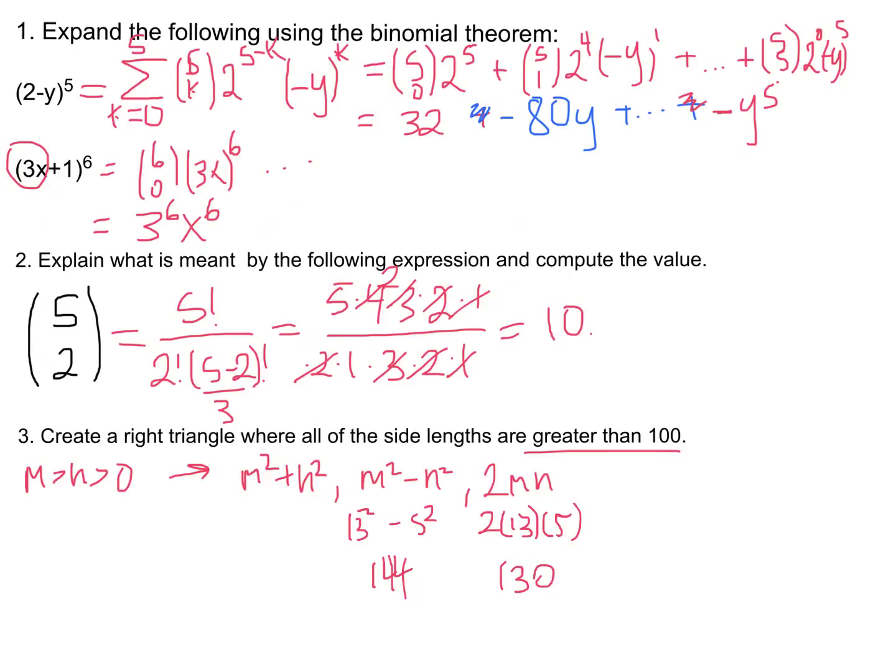And then m squared plus n squared, well, that's just going to be 13 squared plus 5 squared, and that's going to be 169 plus 25, so 169 plus 5 is going to be 174, plus 20 is 194. And so those would be the three lengths of a right triangle, and all of the side lengths are greater than 100.